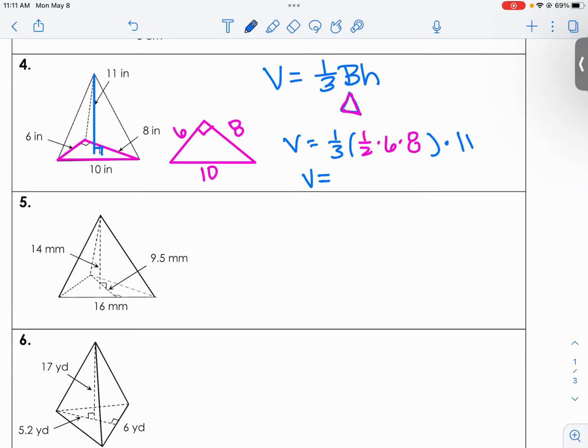As I'm walking around, I'm seeing a number. Does it say 88? I'm seeing 88. That's 0.5 times 6 times 8 times 11 divided by 3, which is how we would put that in our calculator. If you did not get 88, I'm going to pause right now for you to retype that in your calculator and make sure you can get 88.